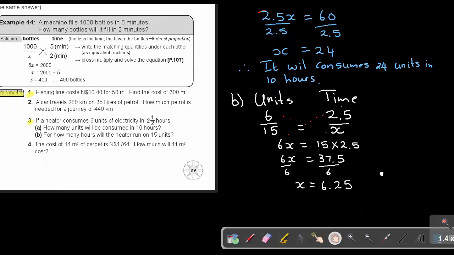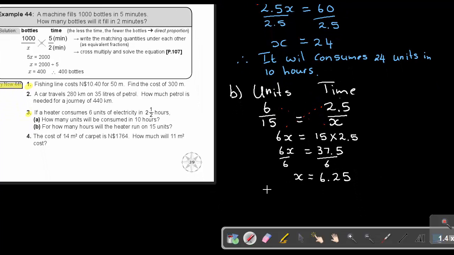So we can just end with a sentence like this. Therefore, the units will last 6.25 hours, or if we break this up, remember, if we want to take this to minutes, we say 0.25 times 60.